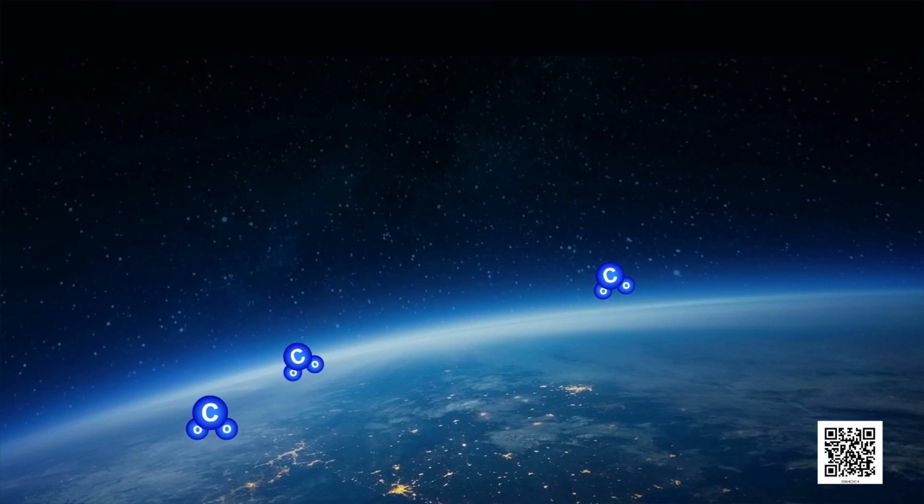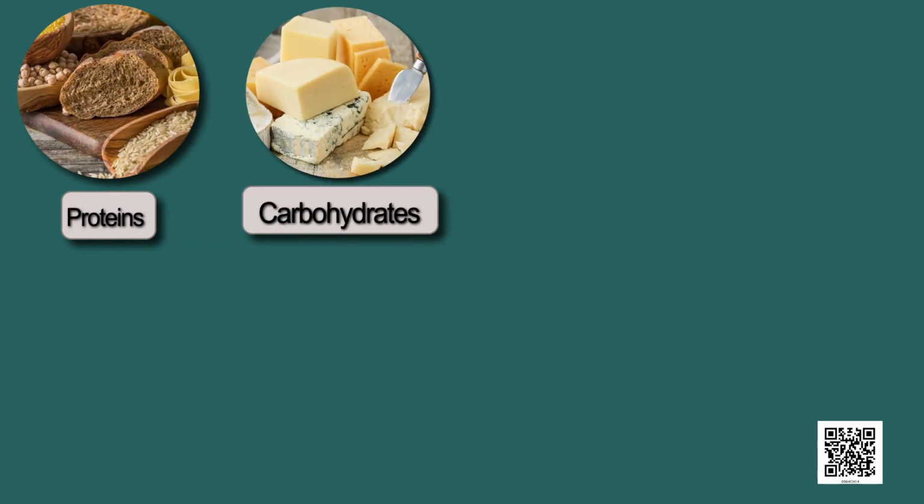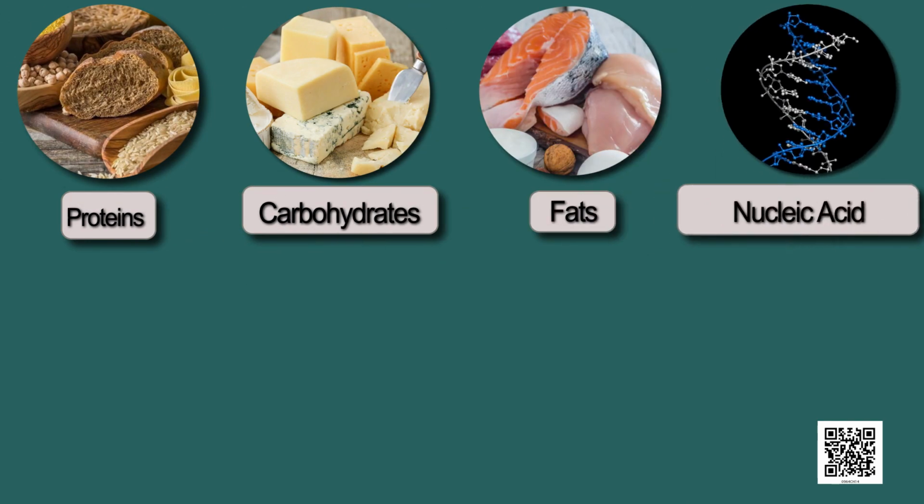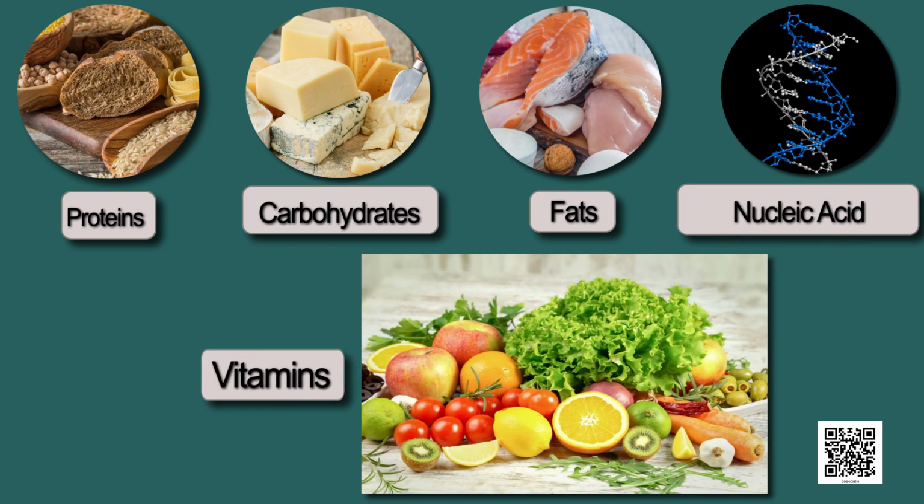Carbon is found in various forms on the earth. In the combined state, it is found as carbon dioxide in the atmosphere. All life forms are based on carbon-containing molecules like proteins, carbohydrates, fats, nucleic acids and vitamins.